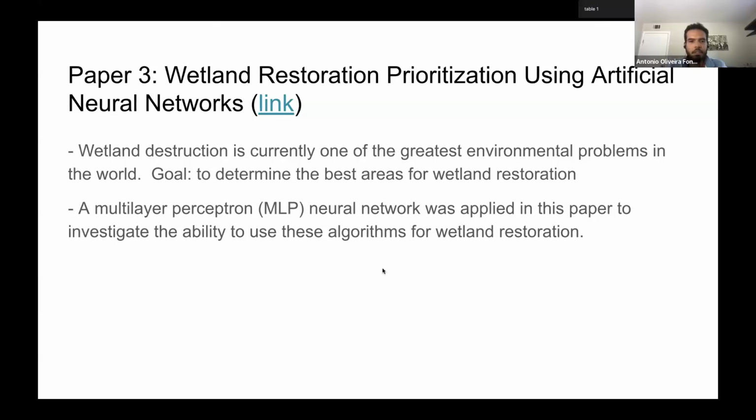Okay. So she already gave the general idea of the paper, right? Which is to determine the best areas for wetland restoration. And the authors do say that they use a multi-layer perceptron neural network. That was the part that was less clear to me: basically what they have is already this wetland restoration priority that's given by these specialists, right?